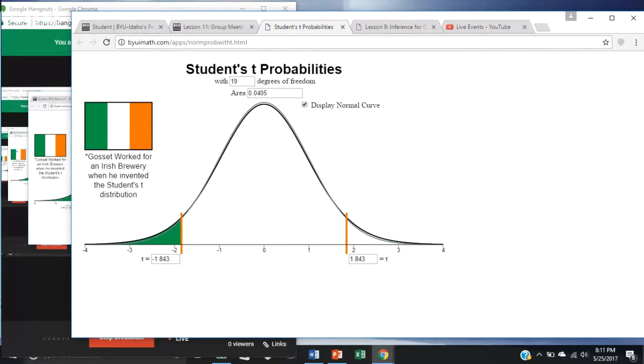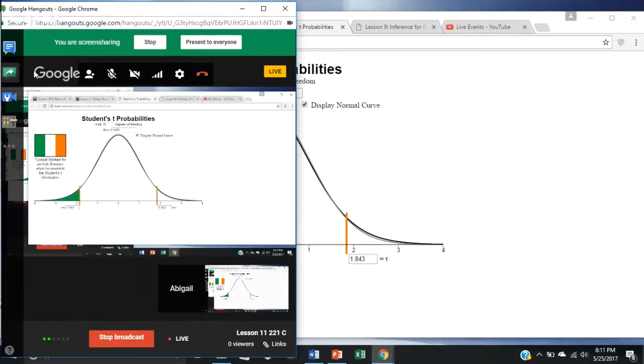Okay. I can also stop sharing my screen with you. So that's our p-value, right? I think so. So you typed in 0.040, right? 0.041. We round up.